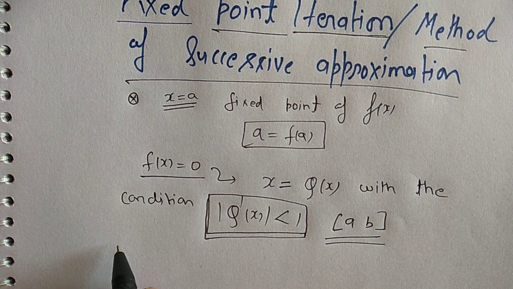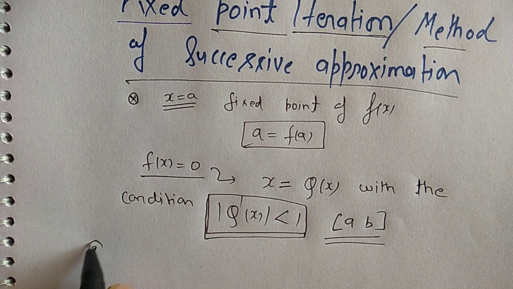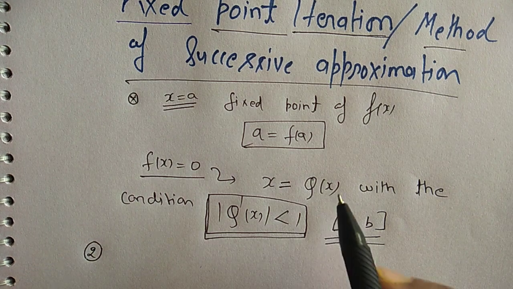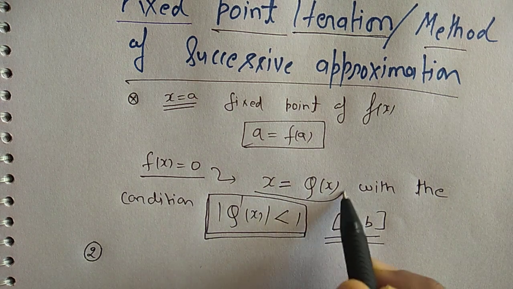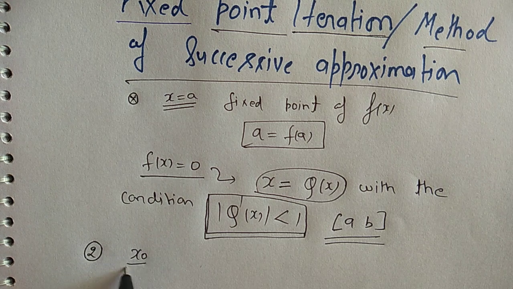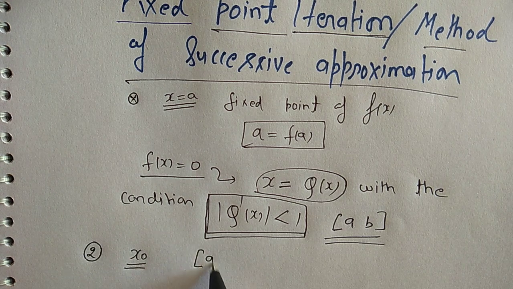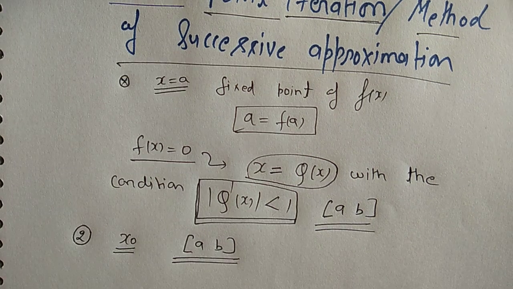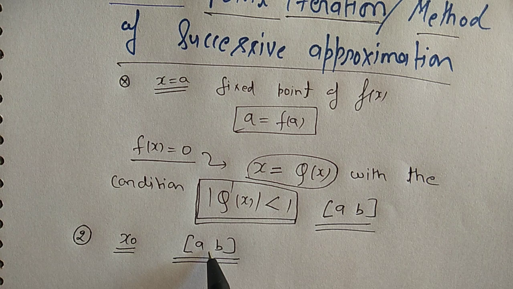Now the second step, the initial approximation. Once you put x equal to phi x, we choose the initial approximation x0 between the given interval a to b. You may take the middle point of this interval, a plus b by 2, or we can take the first point, or the last point.